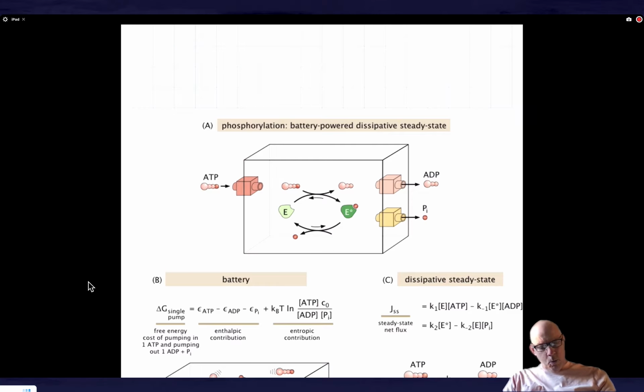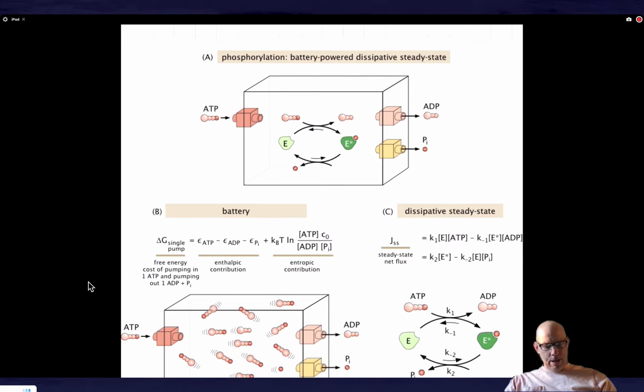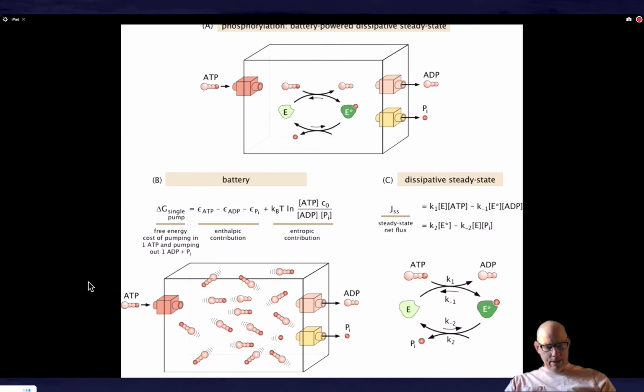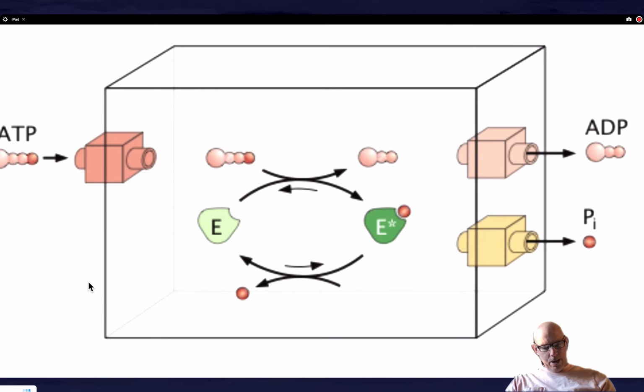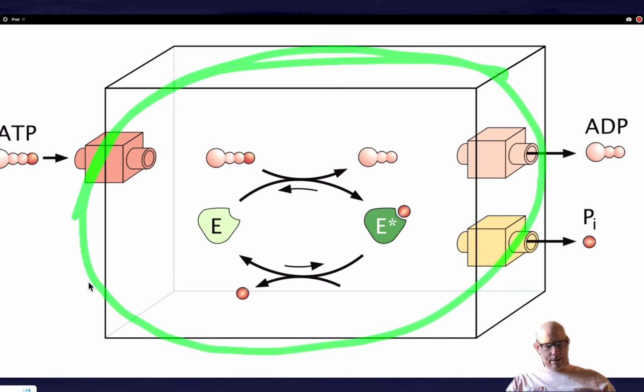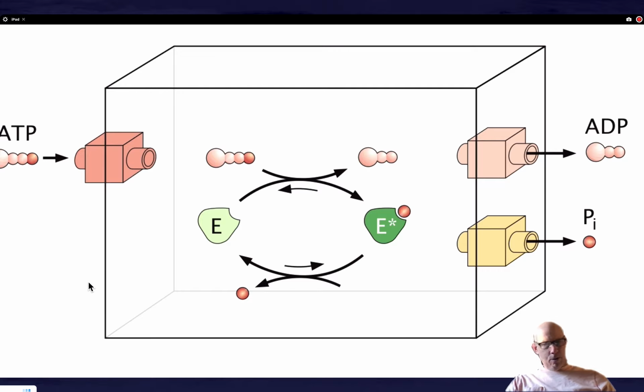One of the parasitic reactions that can feed off of the potential of the ATP ADP ratio is a reaction like the one shown here, where I want you to imagine this box as my Eppendorf tube or whatever. It could be an in vitro biochemical experiment. It could be the interior of the cell.